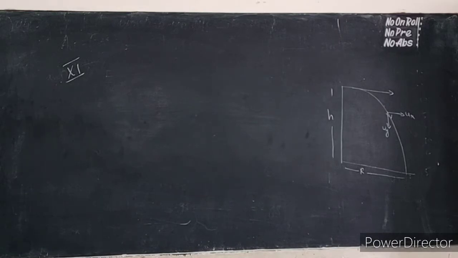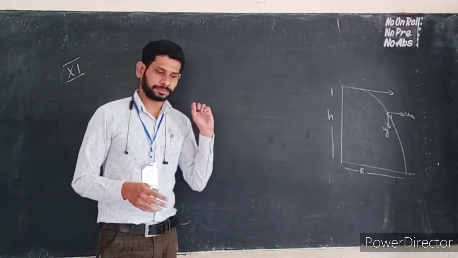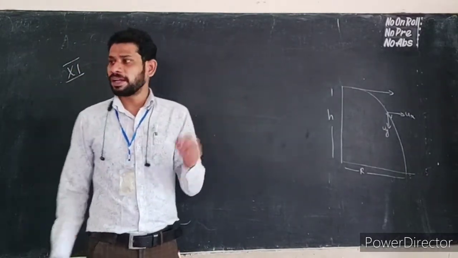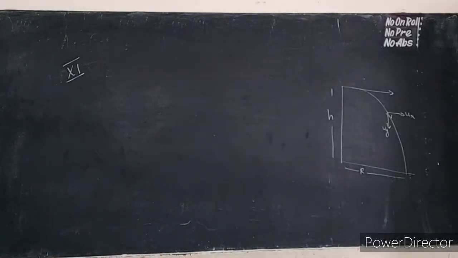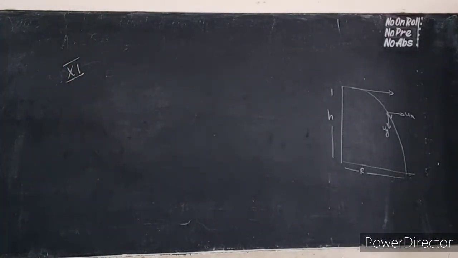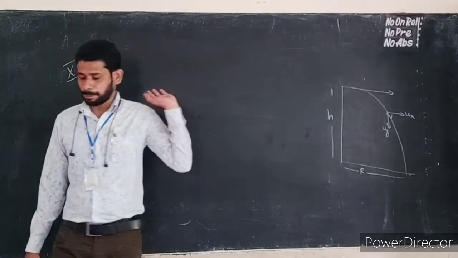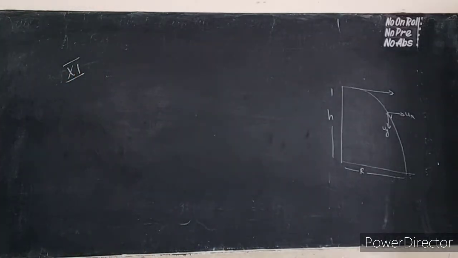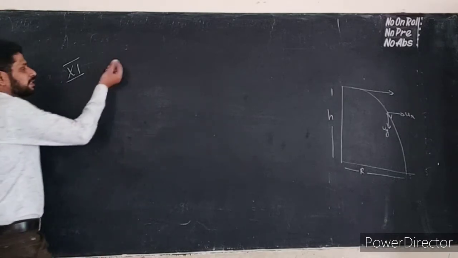Examples of projectiles are an object thrown from a window, thrown from a train, the javelin and the shot put, the jet of water from a hole near the bottom of a water tank, and a bullet fired from a rifle. All those are the best examples of projectile motion. So here, the projectile in horizontal projection.